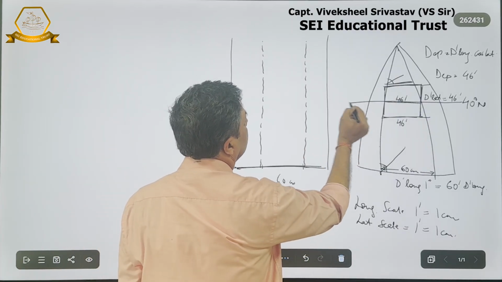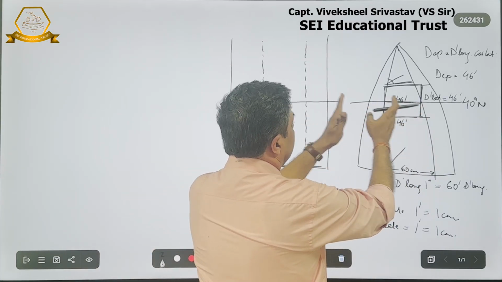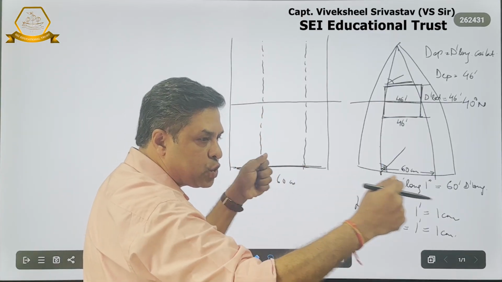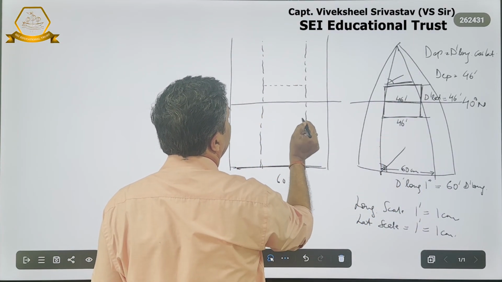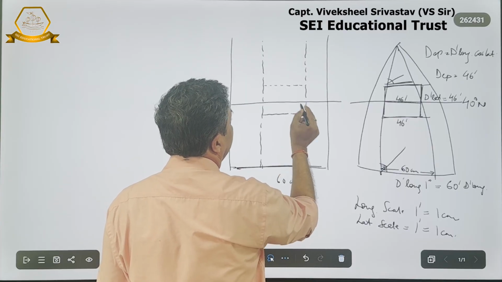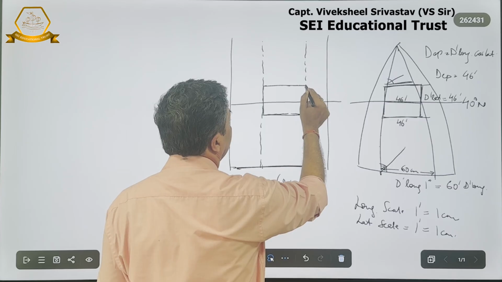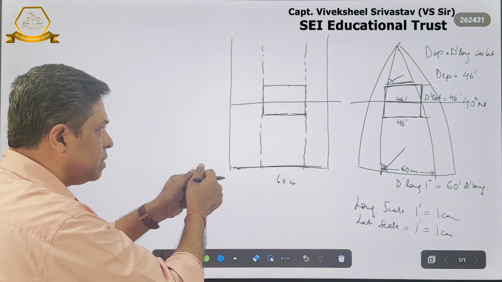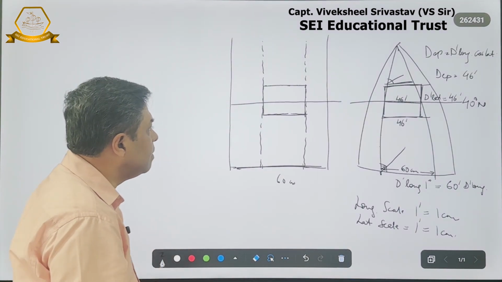Now we try to make this square. What happens to the square when you stretch this square? It becomes a rectangle. That square is stretched in the east-west direction, and it becomes a rectangle.